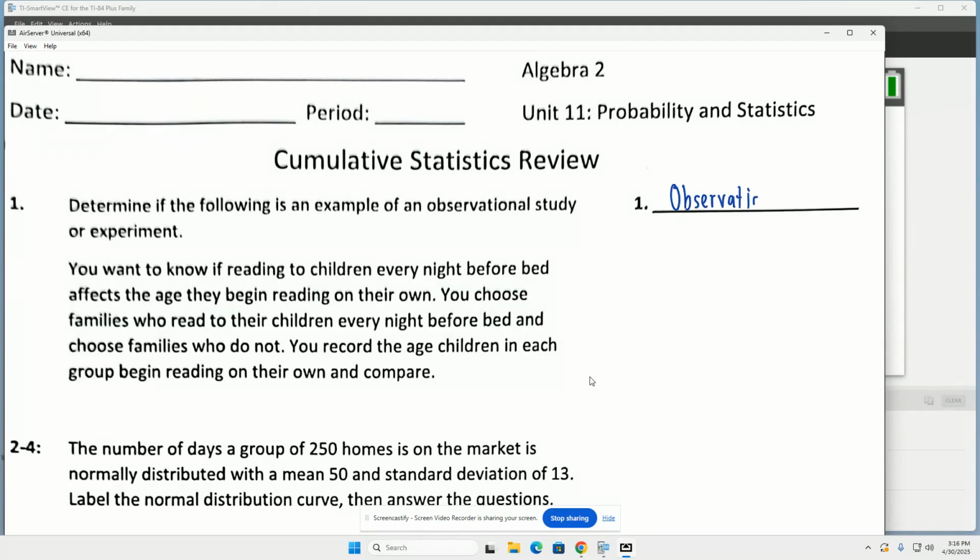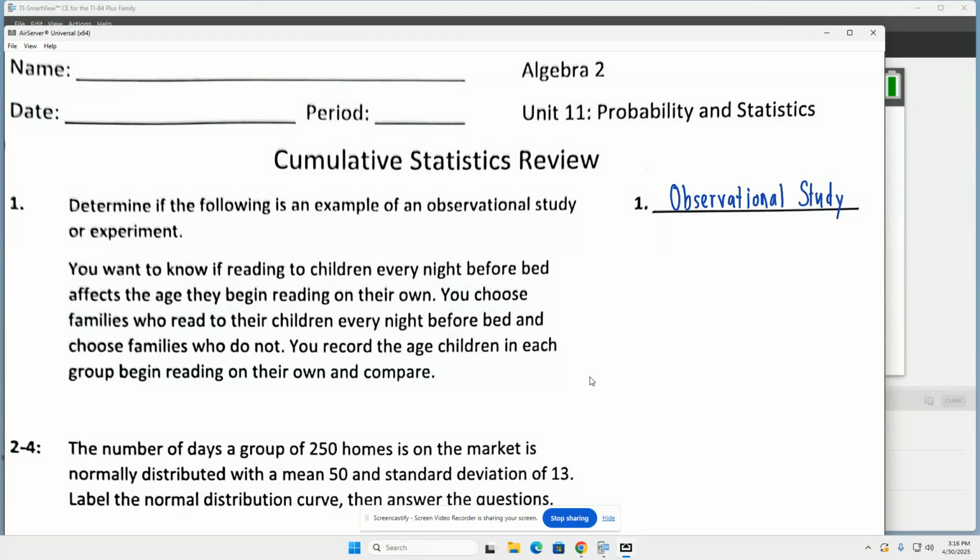Now, if you just think about it from a logical standpoint, are you causing something here? Are you going into these houses and reading to these kids at night and seeing how long it takes them to start reading on their own? Of course not. It's an observational study because you can't control anything.